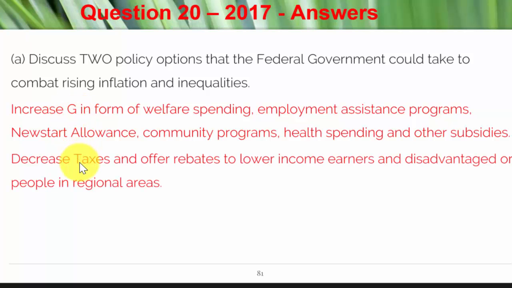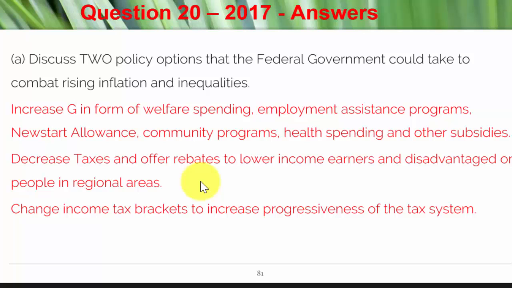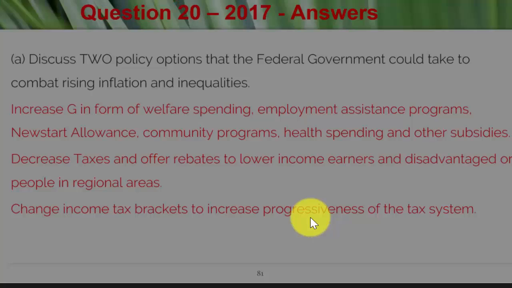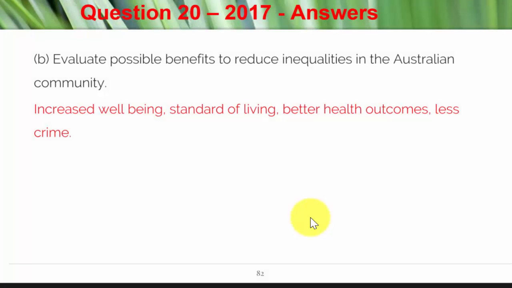Also, in relation to the fiscal outcome, they can decrease taxes, offer rebates for low-income earners or disadvantaged people in regional areas, those sorts of things. So that will combat the rising prices, especially in relation to power, housing, and so on. They could change the income tax brackets to make the progressive taxation system more progressive to help the people on lower incomes as well.